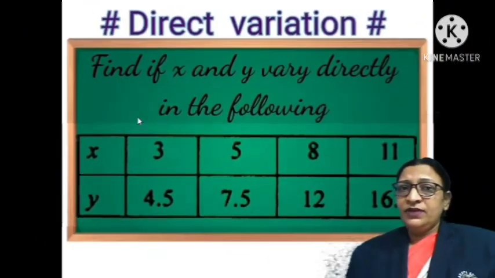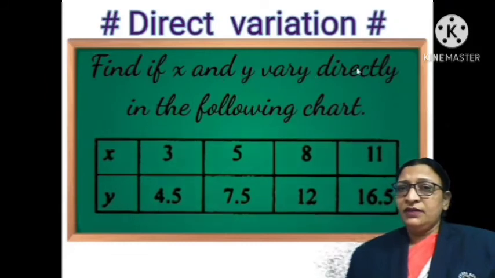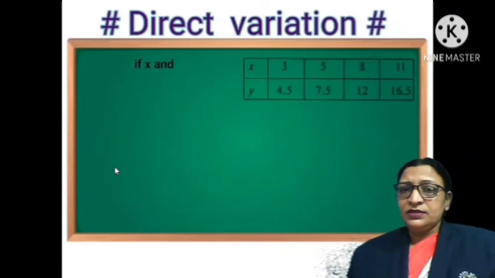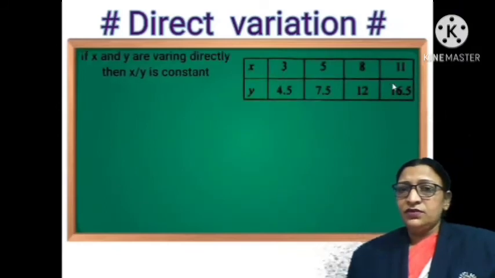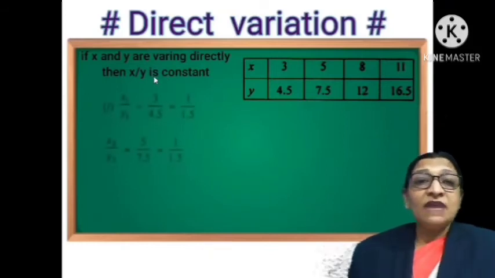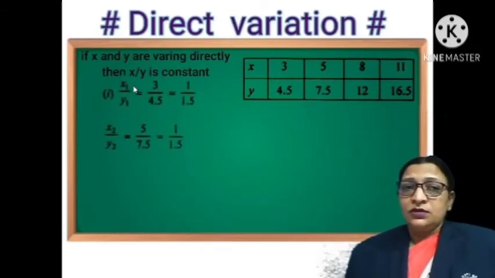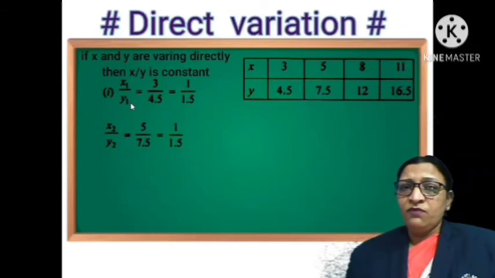One more example we will talk about here. Find if x and y vary directly in the following chart. Here the values of x and y are given in this way. If x and y vary directly, the ratio x and y is constant. So for the first case, x1 upon y1 is equal to 3 upon 4.5, which is 1 upon 1.5. x2 upon y2 is equal to 5 upon 7.5 is equal to 1 upon 1.5.